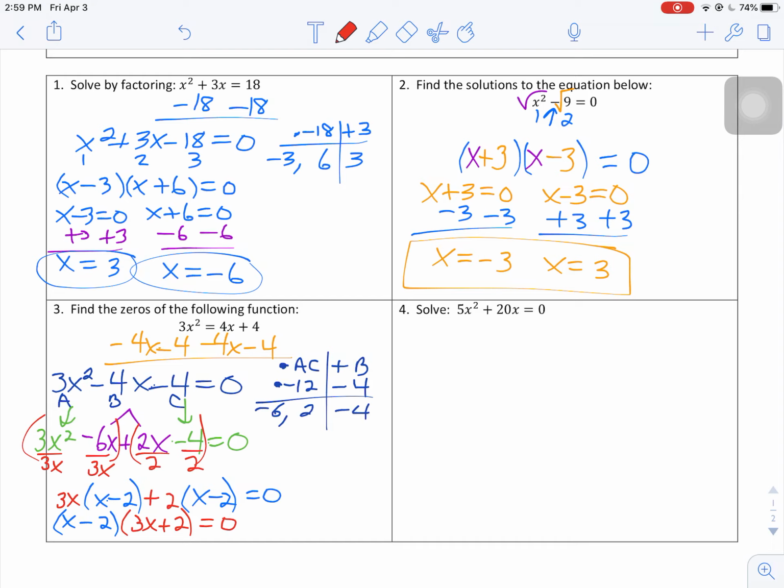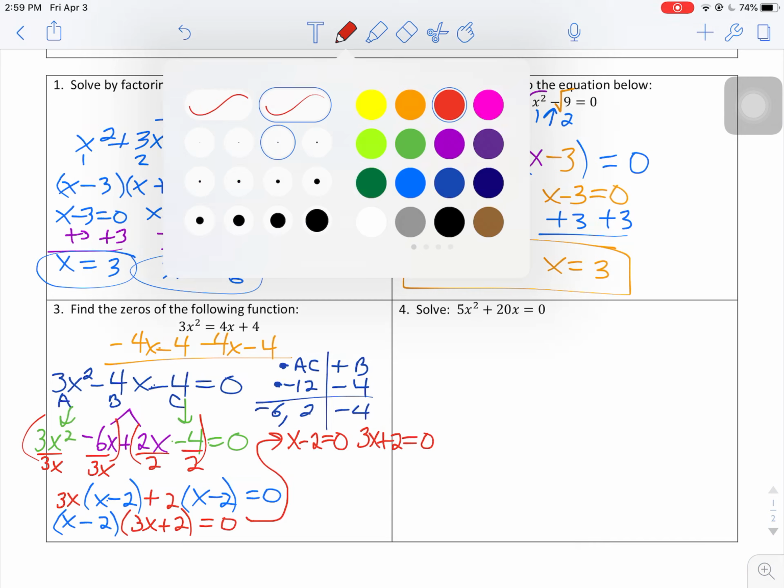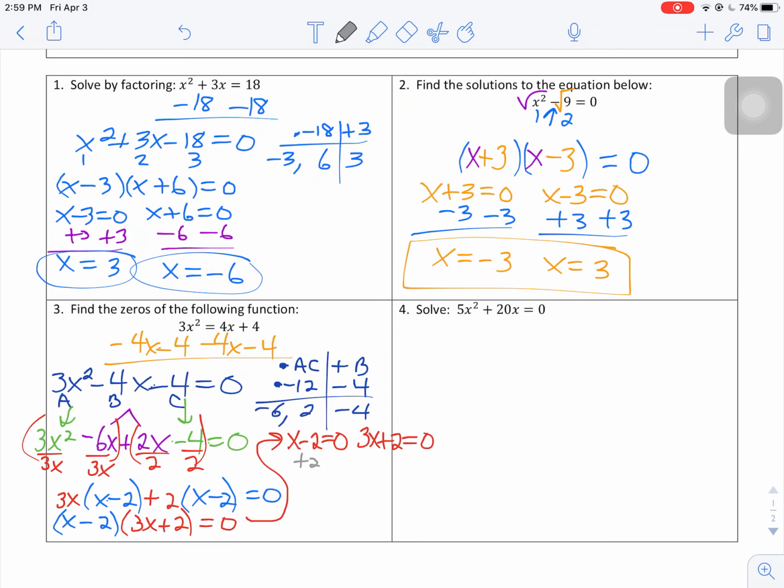So now we've completely factored, so we want to set each factor equal to 0 and solve for x. So x minus 2 equals 0. And 3x plus 2 equals 0. And then we just solve like normal to get our answers.